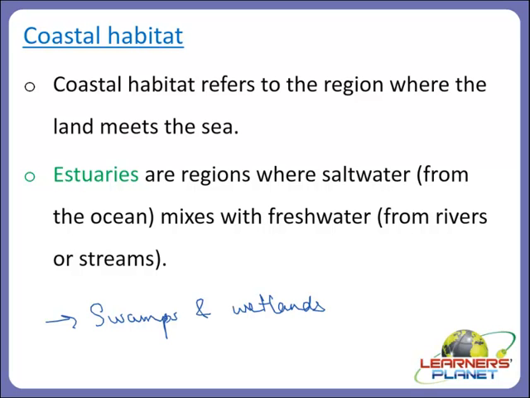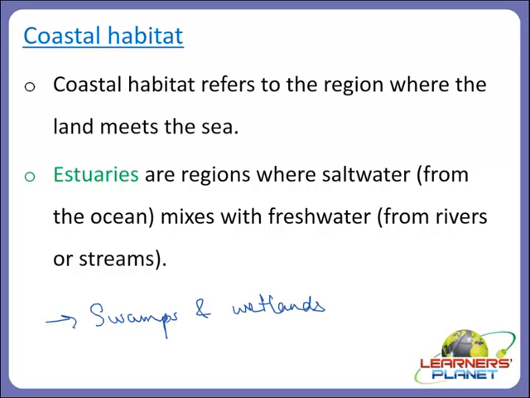Swamps can be found in fresh water, brackish water and salt water environments, and they have a large number of wildlife species that have specifically adapted to living in such habitat.